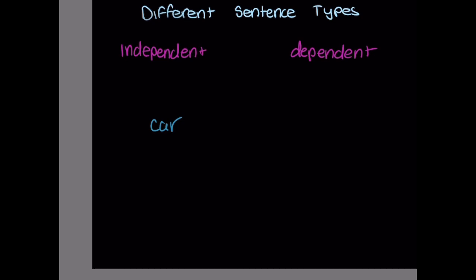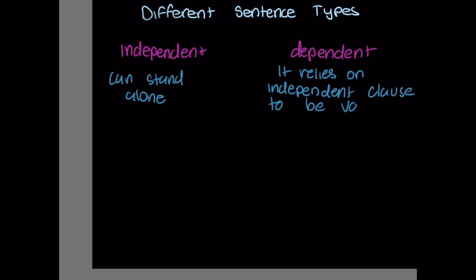Can stand alone. Dependent means it relies on an independent clause to be valid. What I mean by that is it needs to make sense. For the dependent clause to make sense, the independent clause has to be there. So you can't just have a dependent clause without having the independent clause. But you can have an independent clause without having a dependent clause.